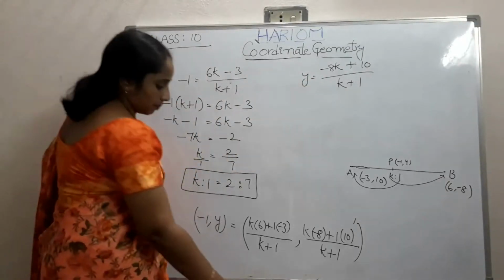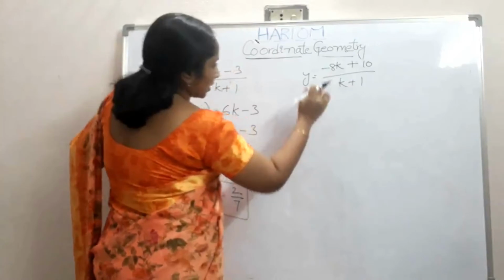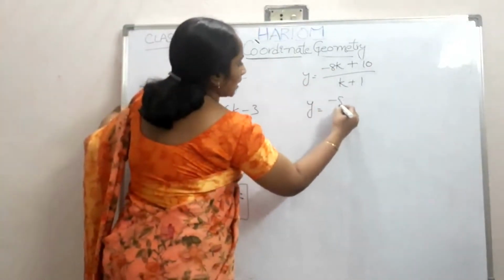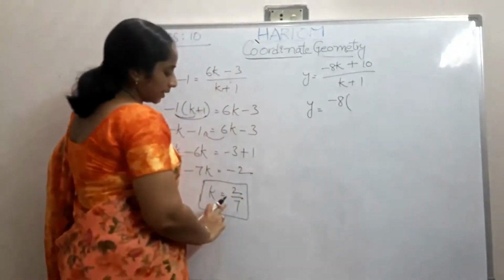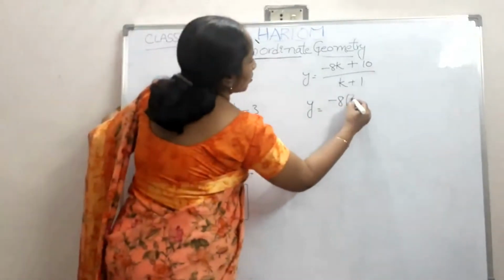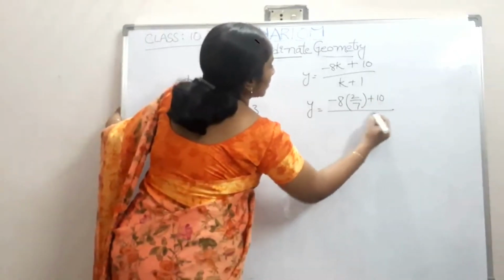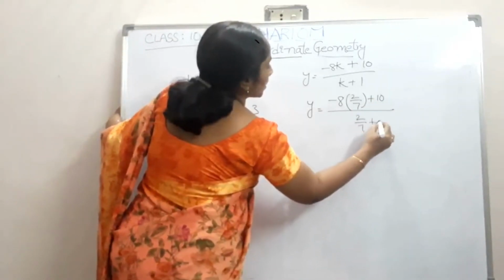In this coordinate we get y is equal to minus 8 into k, which here is 2 by 7, plus 10, by 2 by 7 plus 1.